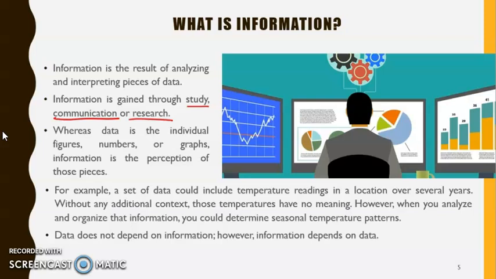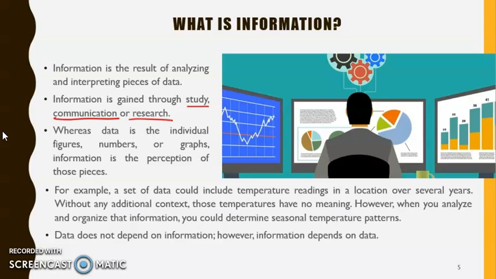For example, you can come up with some data that says that in one month, the hottest temperatures usually happen. So it is some sort of information. Why is it information? Because it is the result of some sort of processing that you put over there. You have something, you process it, you get something.